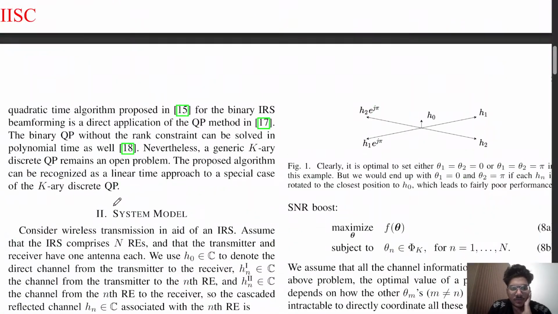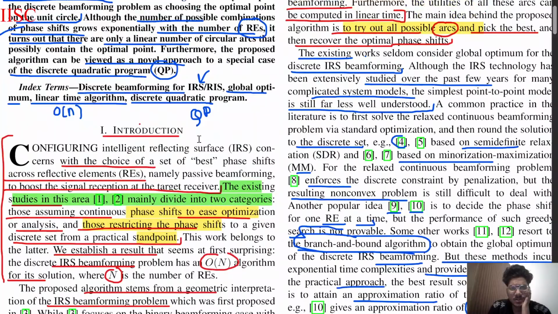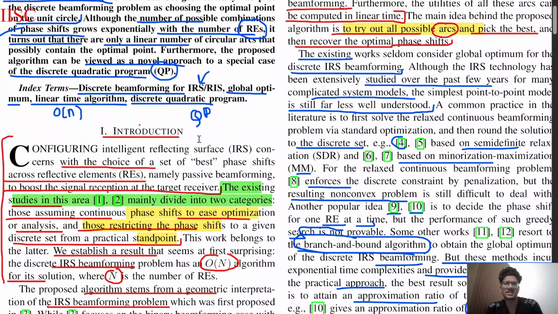We will continue this session. As we discussed earlier, the introduction covered what RIS is and why we choose the best phase for the reflective elements.